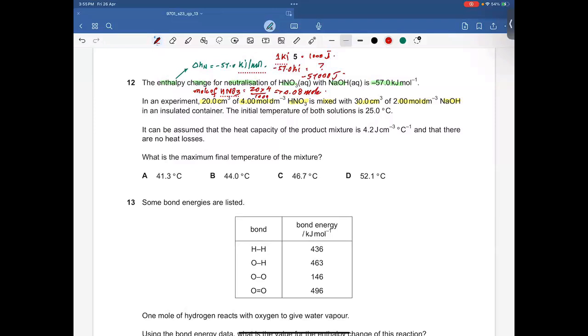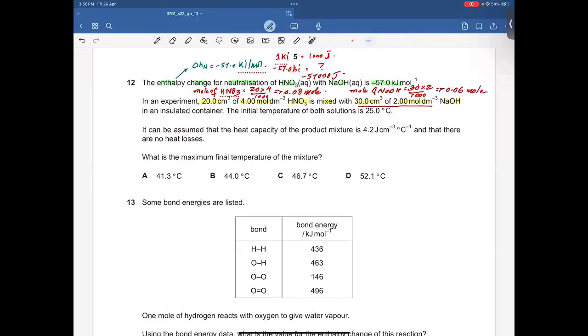Okay. Similarly, let's find out the moles of NaOH. We know the volume, which is 30. We know the concentration, which is 2. Let's divide it by 1000. I'll get the moles. So 60 divided by 1000 is going to be 0.06 moles. All right.